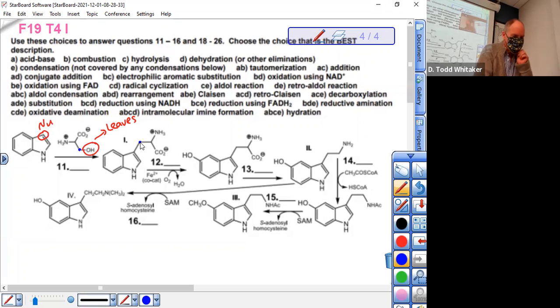So what do you call that? You could think of it like a backside attack, maybe. Are there any things that kind of fit that? It's not a conjugate addition because it didn't attack and a pi resonated to somewhere else. It didn't do that. But it's some kind of an addition reaction. Addition. There you go.